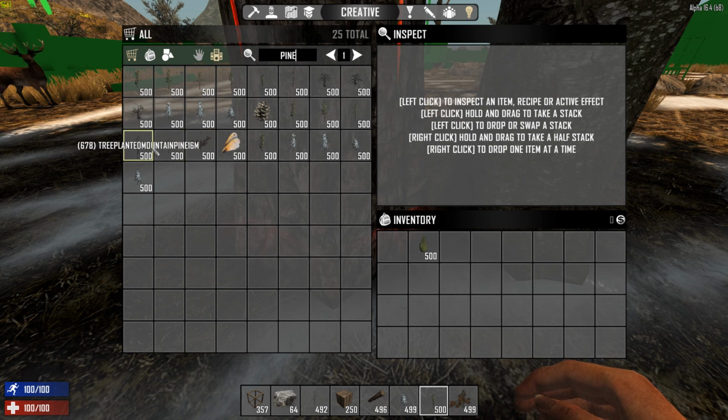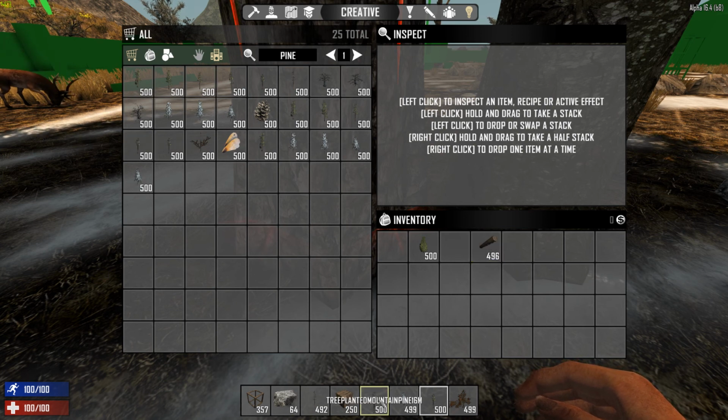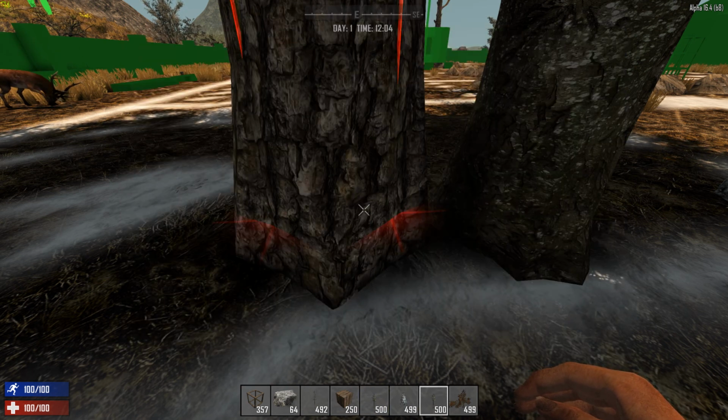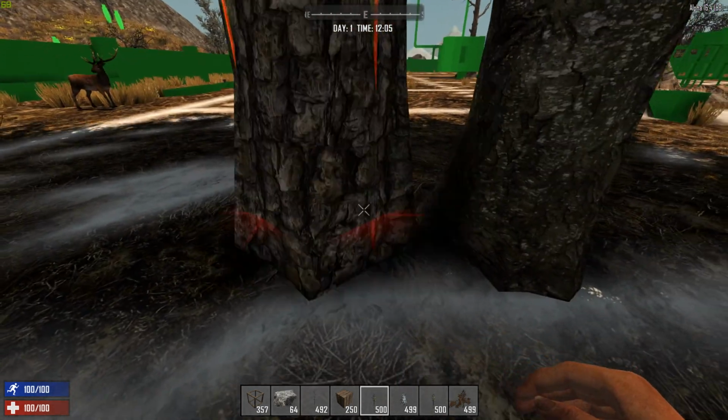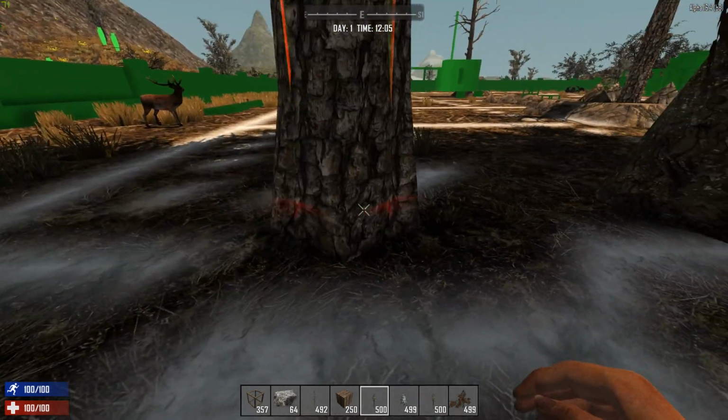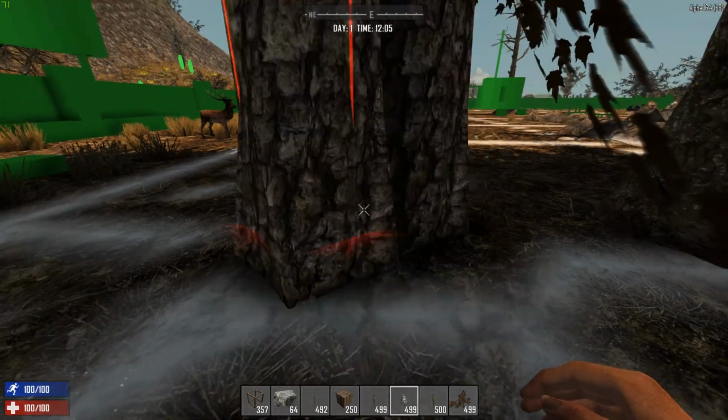Let's get the pine, mountain pine. So we have the maple at 17, the pine at 19. This one at 16. Yeah, this one works.